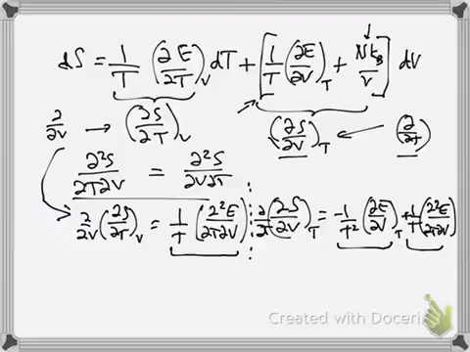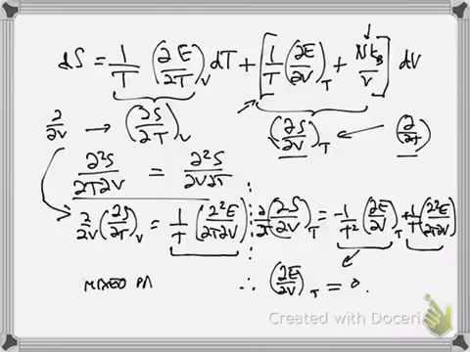And I didn't specify the temperature. So the only way this can go to 0 is if the dependence of the energy on the volume at constant temperature is 0, right? So mixed partial derivatives imply that the energy has no volume dependence at fixed temperature for the ideal gas.